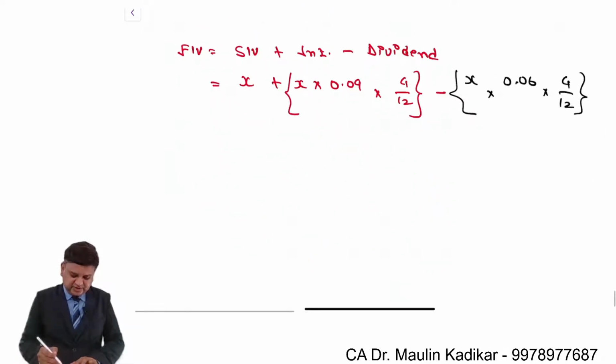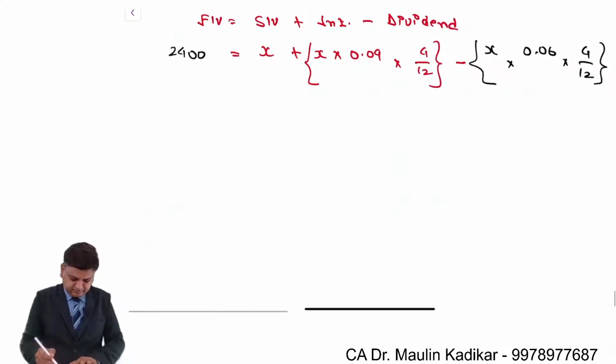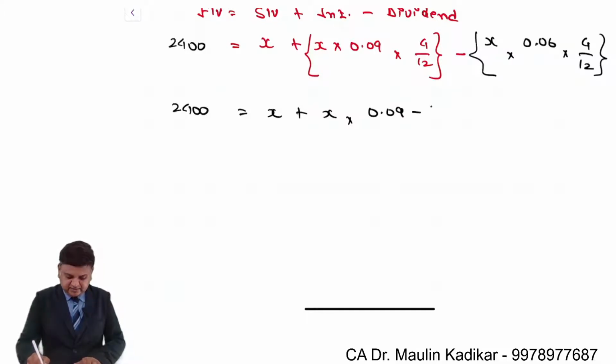And futures index value is 2,400. So 2,400 is equal to x plus x into 0.09 minus 0.06 into 4 divided by 12.